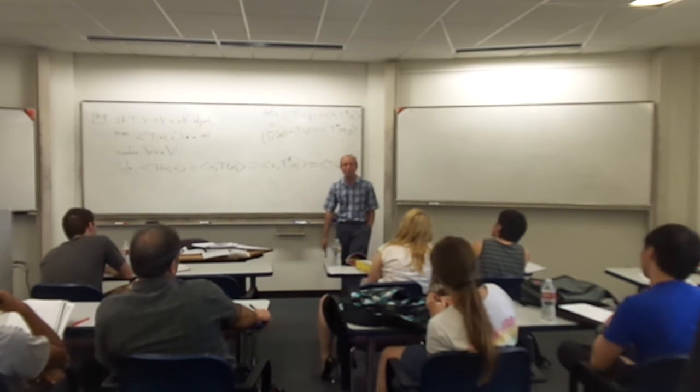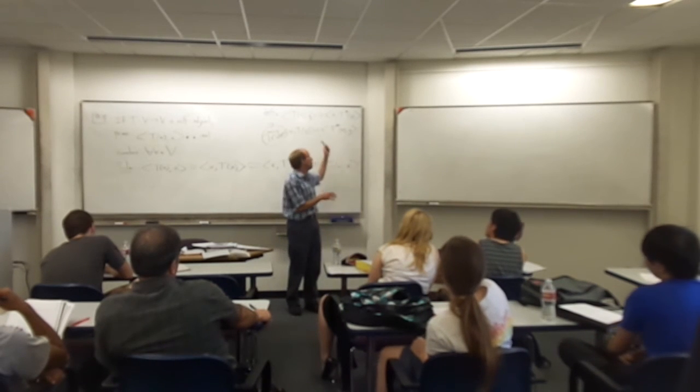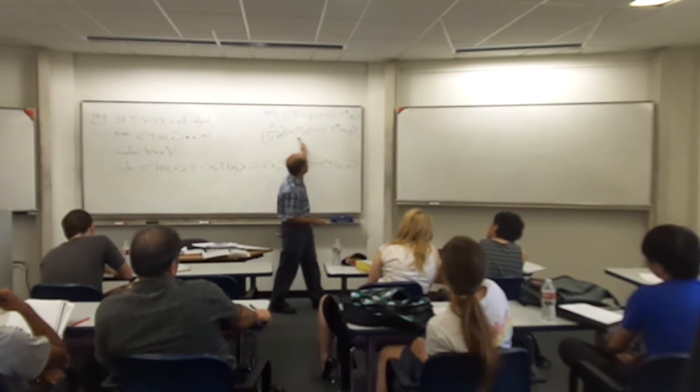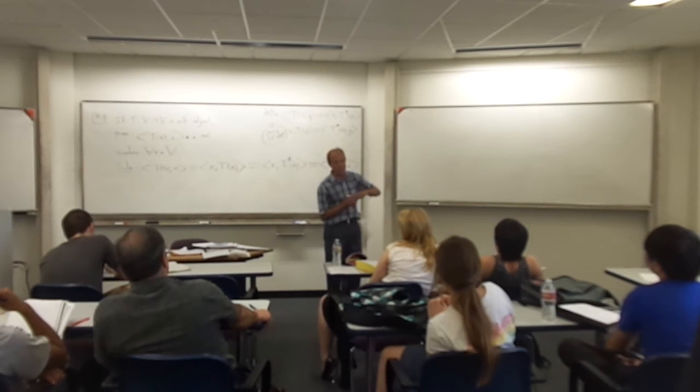So you're getting into circular reasoning if you say, I'm going to use the fact that T star star equals T to prove this. The typical way this is done is you know this first, and then use it to prove the other one.